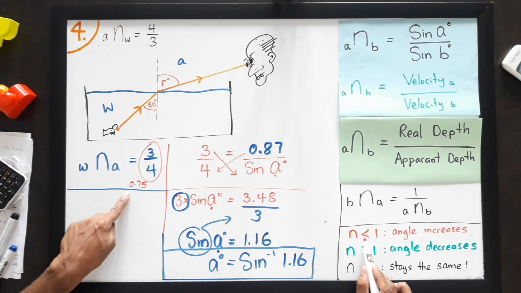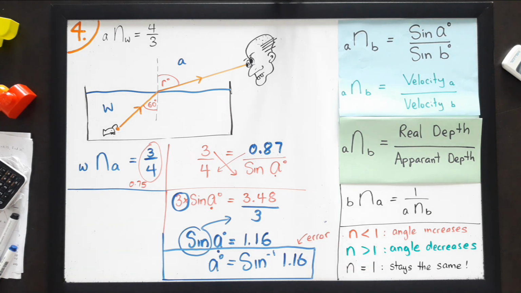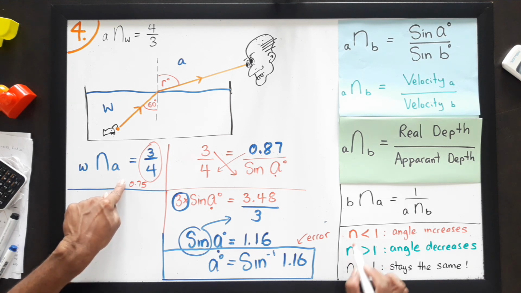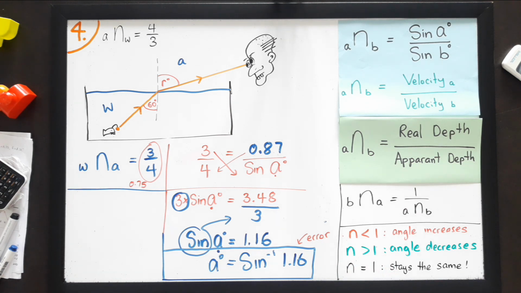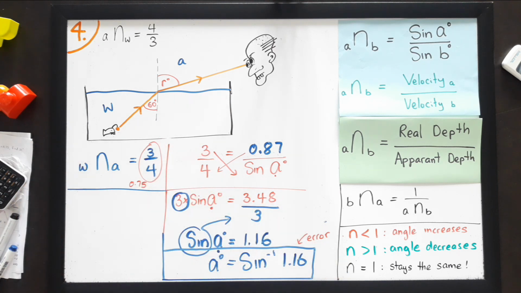Anytime your refractive index is less than 1, there's always a chance you will get an error on your calculator. It doesn't happen when it's more than 1, only when the refractive index is less than 1. So we are going to discuss in detail now critical angle and why sometimes we get an error on the calculator, and then we'll come back to this question, and you will realize why this caused an error.